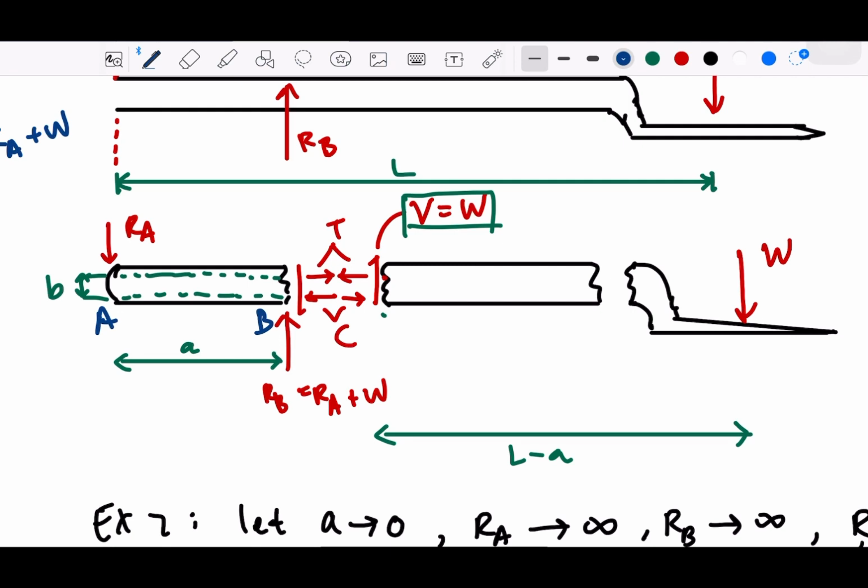And the tension and compression within this shuffle, because there are no external loads on the horizontal parts, are going to be the same value, either tension or compression.